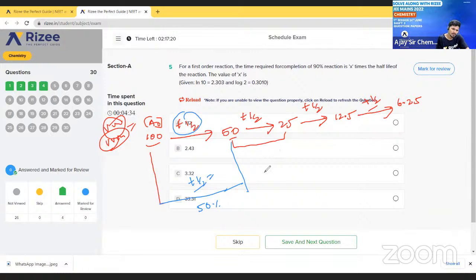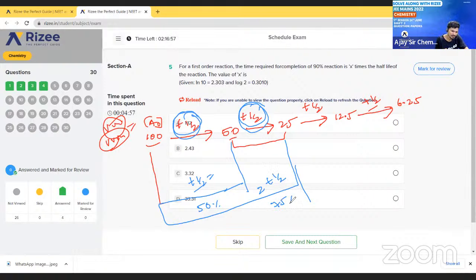So for 25% of the reaction, tell me. See here, the half-life should be different, because one T half is there, here one T half is there. That means 2 T half should be there for completion of 75% of the reaction. 75% reaction complete, so here 25% reaction will be there.